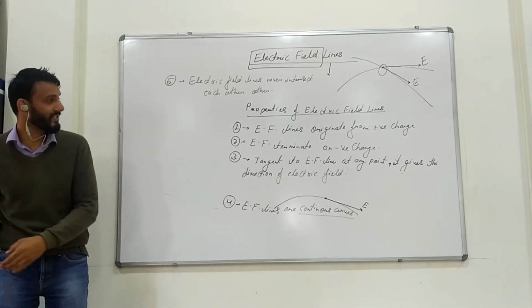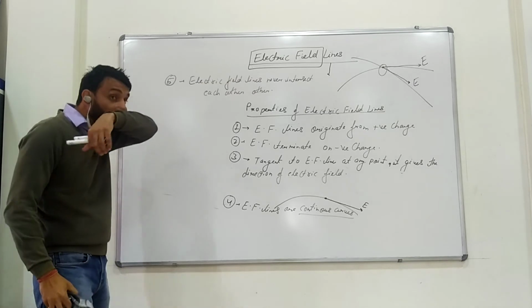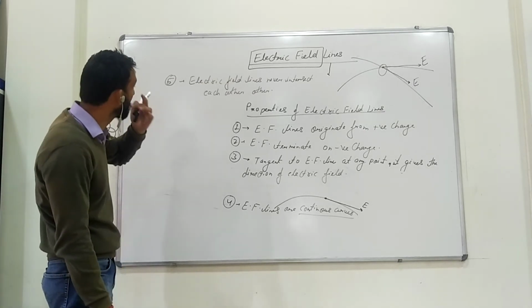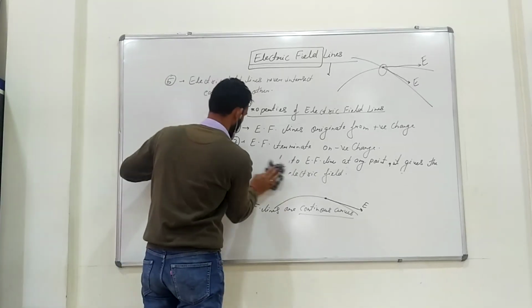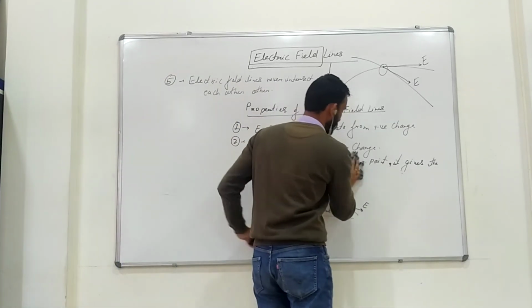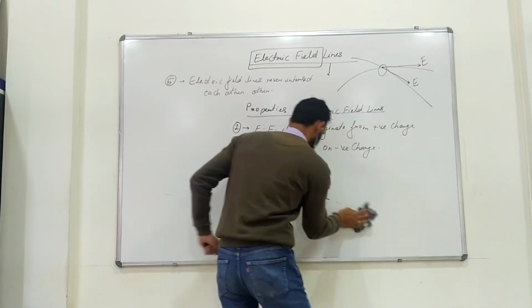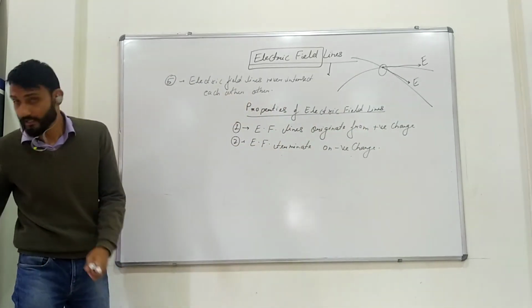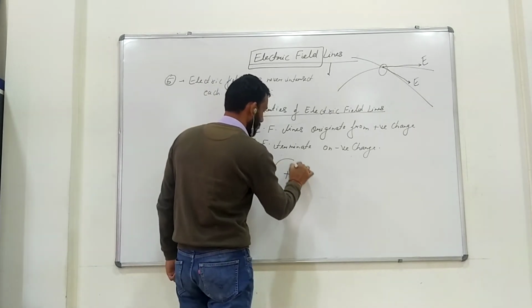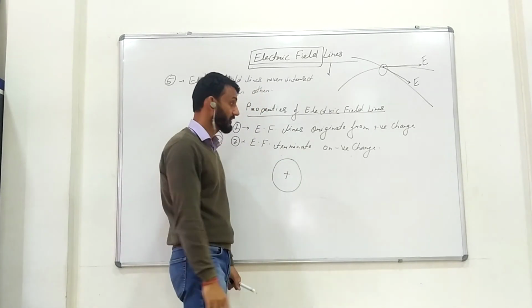So these were the properties. Now let us understand a few diagrams of electric field lines based on these properties. Suppose you have a positive charge. How can the electric field lines be drawn?